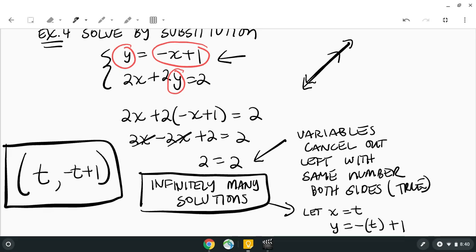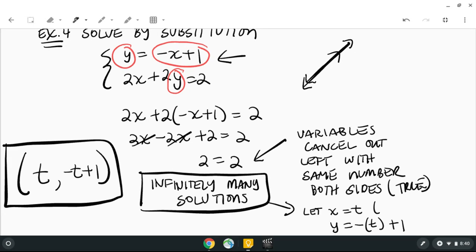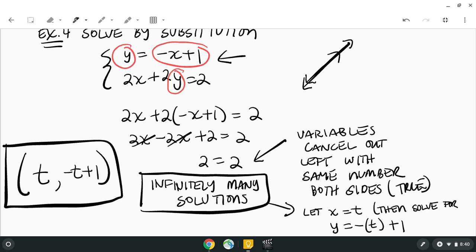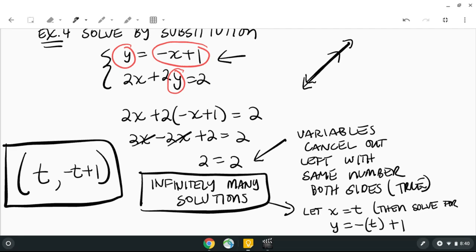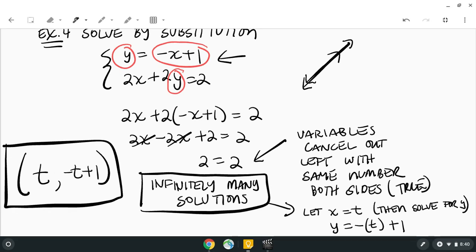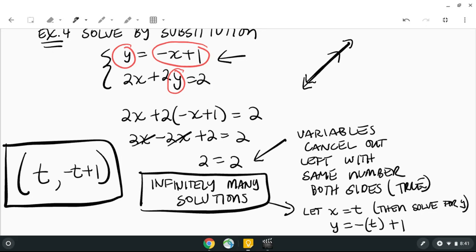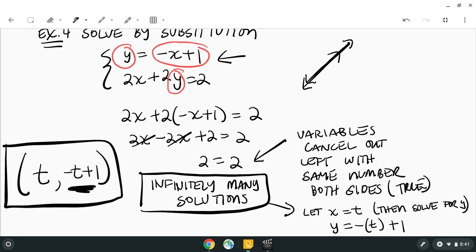All you do here is solve for y by plugging in t for x. You're not going to get an actual number; you're going to get some expression in terms of t.